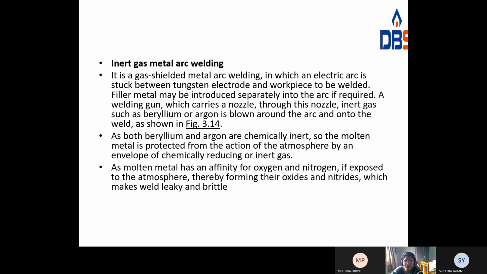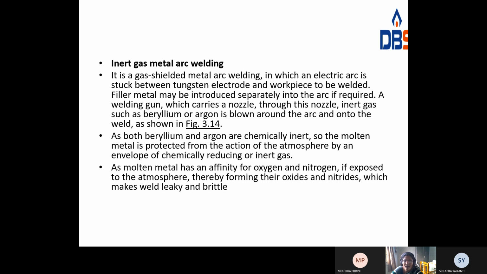Filler metal may be introduced separately into the arc if required. A welding gun carries a nozzle, through which inert gas such as helium or argon is blown around the arc onto the weld.